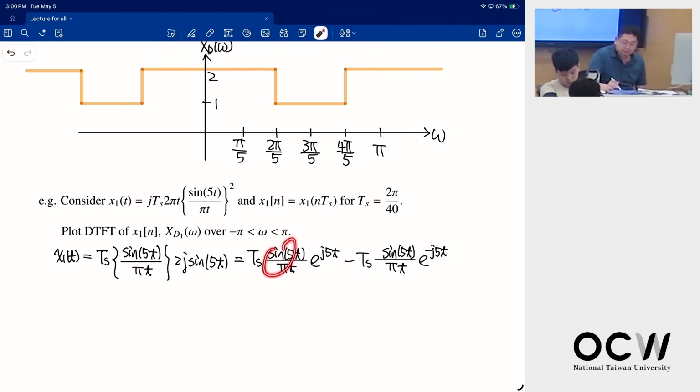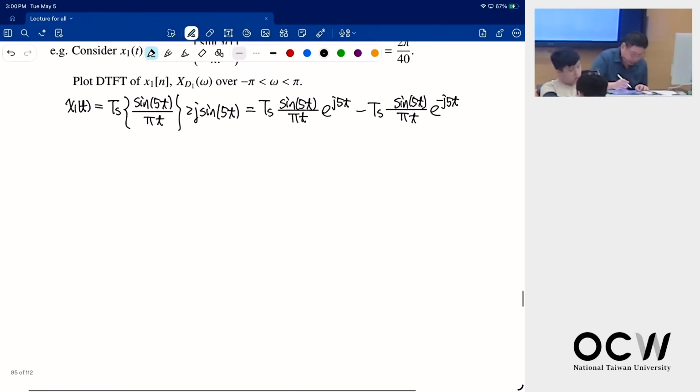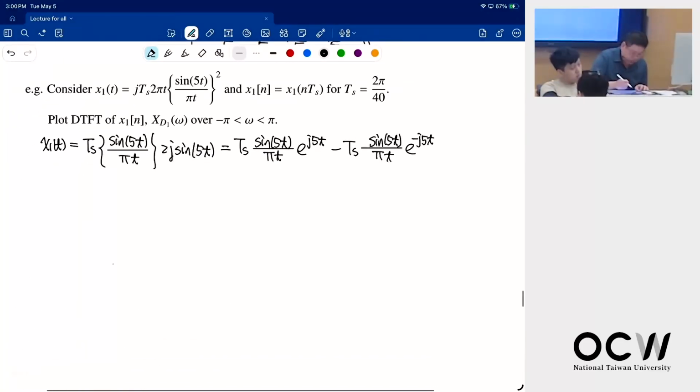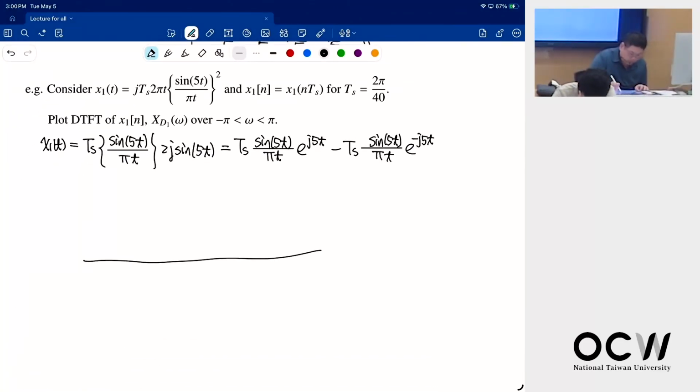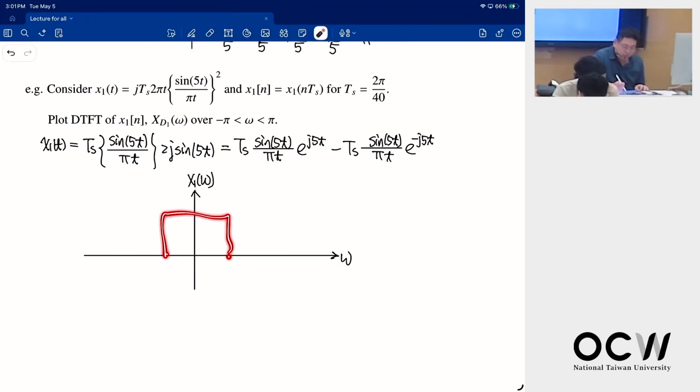So sinc function times exponential, modulation doing the shift, shift to the right, shift to the left. So the Fourier transform is, I have a rectangular pulse, right? But I shift to the right and then shift to the left.